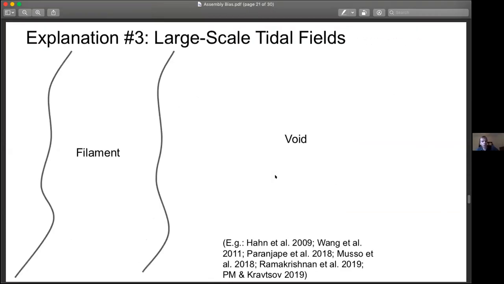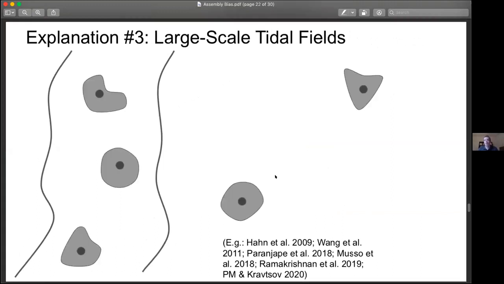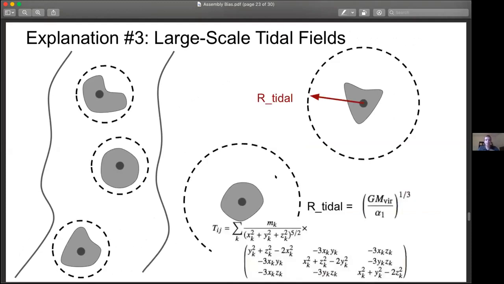A third one is that galaxy clusters and halos aren't the only things that have large tidal fields. Large scale structure itself has its own tidal fields. You have halos that are out in the void, you have halos that are in these dense filaments, and the filaments have their own tidal field that's infused throughout them. And just like the cluster, it sets the region of tidal influence for these objects.